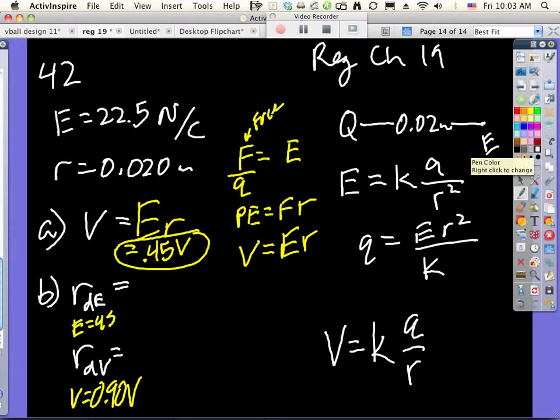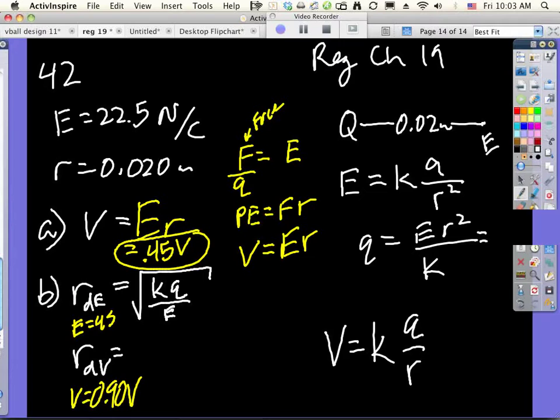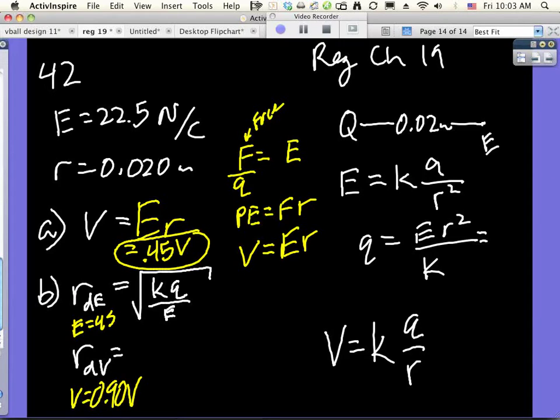If I solve this for r, I get r is the square root of kQ over E. Of course, you have to actually calculate this, so plug that into your calculators.